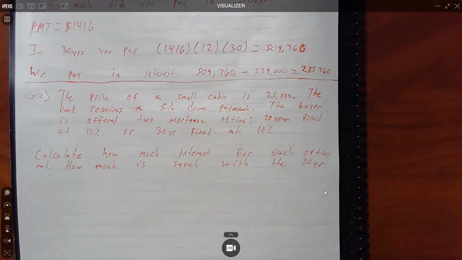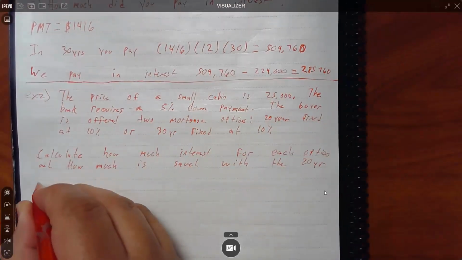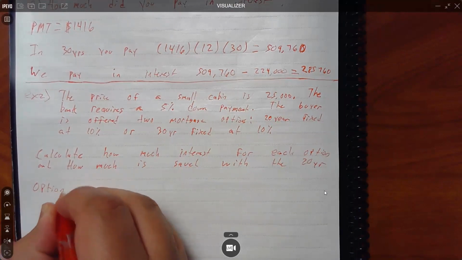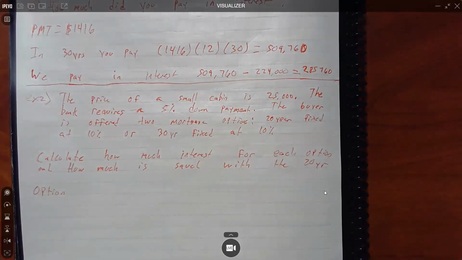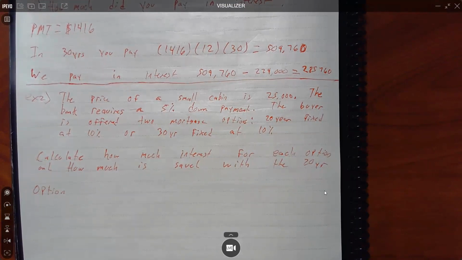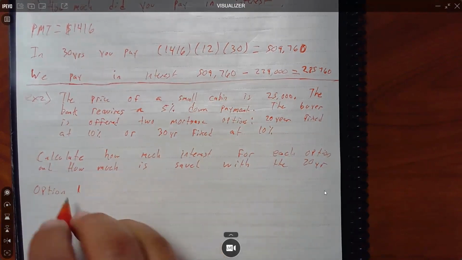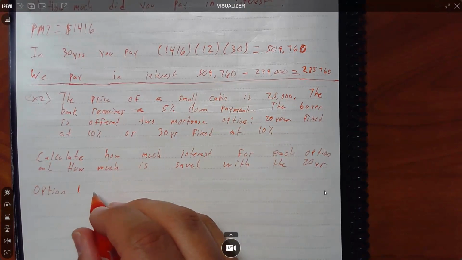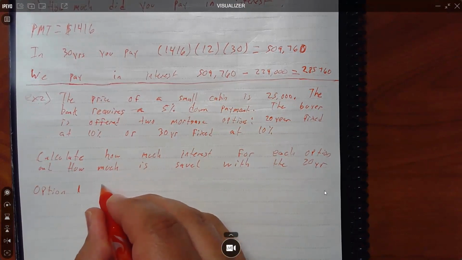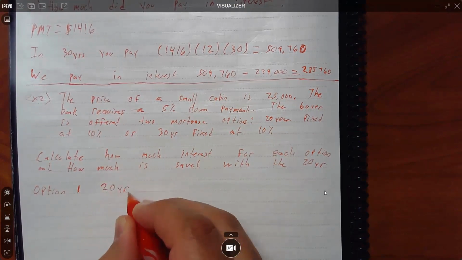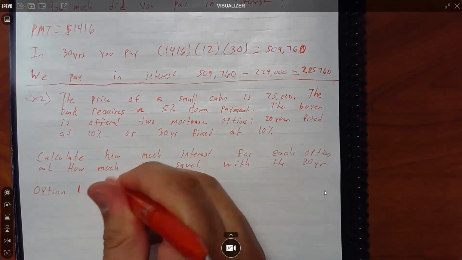Okay, so let me write option 1 here. Let's get it all down. Option 1. Small cabin for 25,000. The buyer is offered 2 mortgage options. So option 1, 20-year. Let me go ahead and just write the variables.